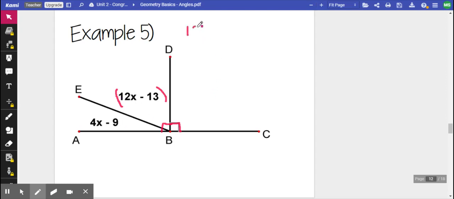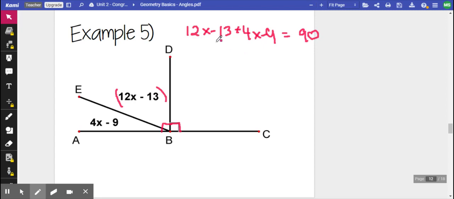So I'm going to do that up here at the top. 12x minus 13 plus 4x minus 9 is going to be equal to 90 degrees.